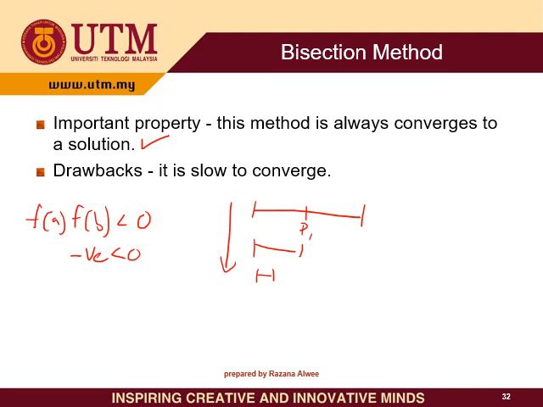But rarely, if you remember, we have three possibilities, you can get P1 equal to 0, where this is the root. If you find it directly, this is the answer, so you no longer need to do the iteration. So rarely you can find this case where you find the answer very fast. Usually we need to do the iteration. That's why it is slow to converge.